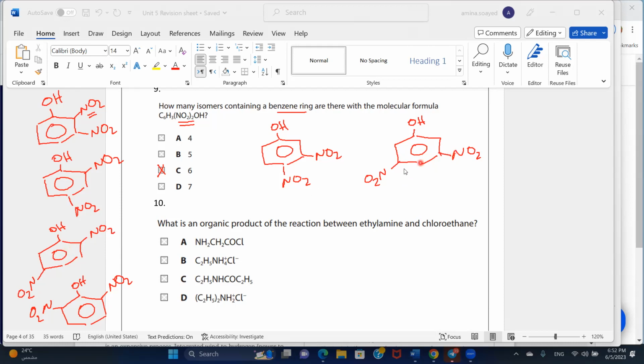If you put the NO2 here and the other here, it will be exactly like when we put it here. So it will be a repeated isomer. Whenever you try to change the NO2 group with respect to each other, you will get one of the isomers already done.